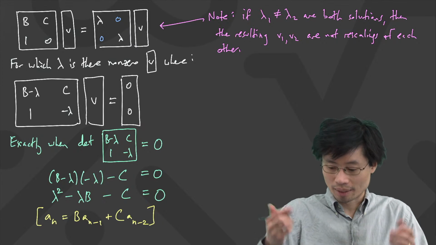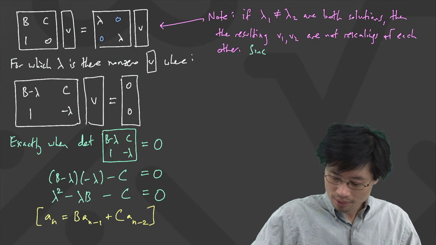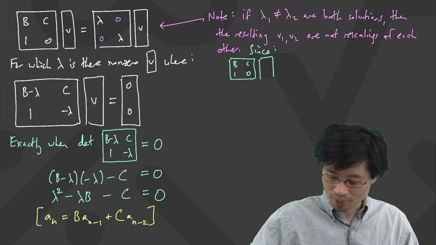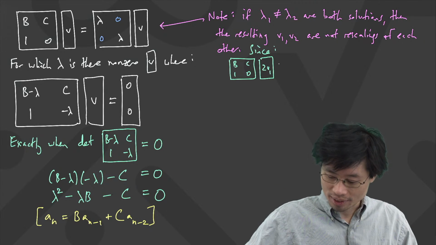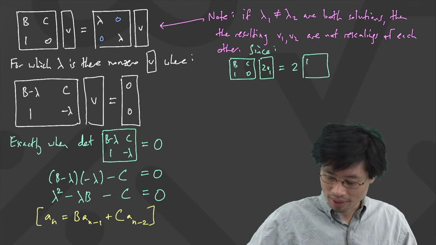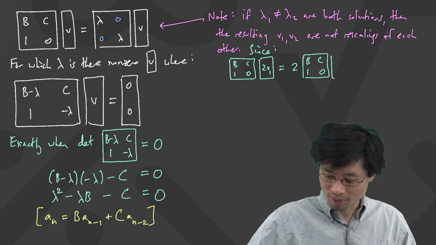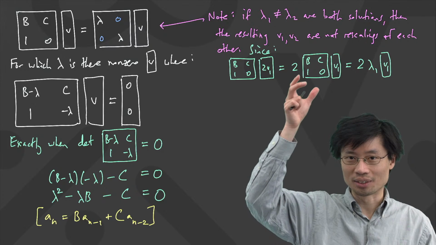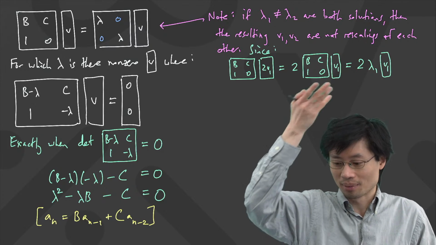And the reason why that's true, I'm going to emphasize again, is that if you take this BC 1, 0 and multiply it by, for example, twice V1, if you had a rescaling, then the answer here would be exactly twice what happens with the BC 1, 0 times the V1, which we know is twice lambda 1 times the V1, because that's what it means: when I multiply the matrix by the V1, I get the lambda 1 times the V1.